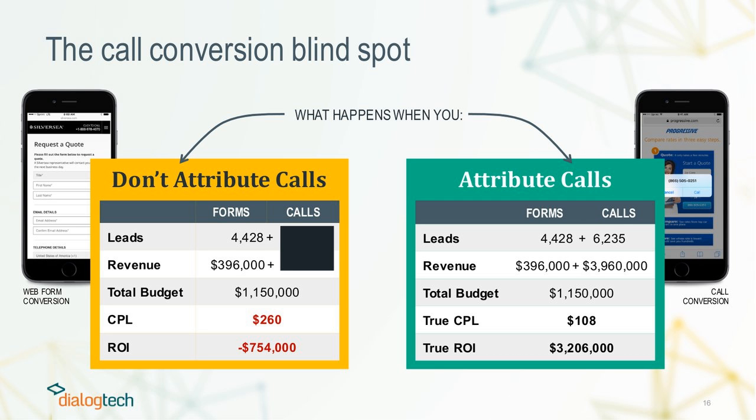And that true CPL of $108 is over 50% less than if you were just measuring form fills. So your true ROI is actually quite good, and you were ready to scrap this campaign when you were only measuring form fills. So you see this blind spot is influencing not only your ROI numbers, but also how you're going to optimize your future marketing campaigns and decisions.